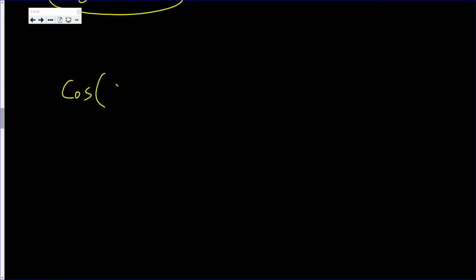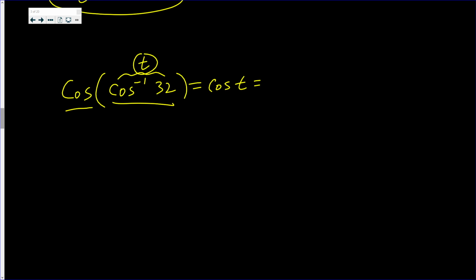What is the cosine of the cosine inverse of 32? Well, cosine inverse of a number is an angle, and we want cosine of this. That is, we want cosine of t. Well, the cosine inverse of 32 equals t.